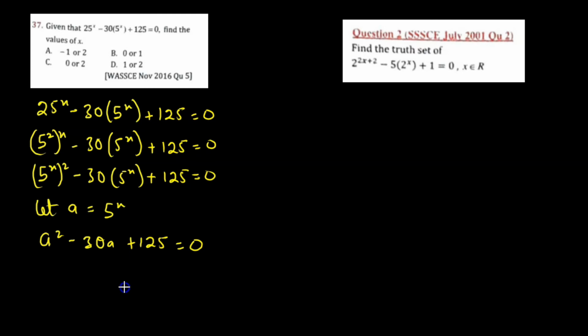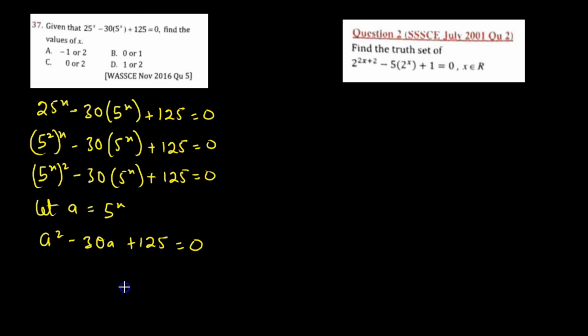Therefore, we want two numbers which when we multiply we get 125, and when we add we must get negative 30. So what comes into your mind? So we'll be looking at the factors of 125, which include 25 times 5.